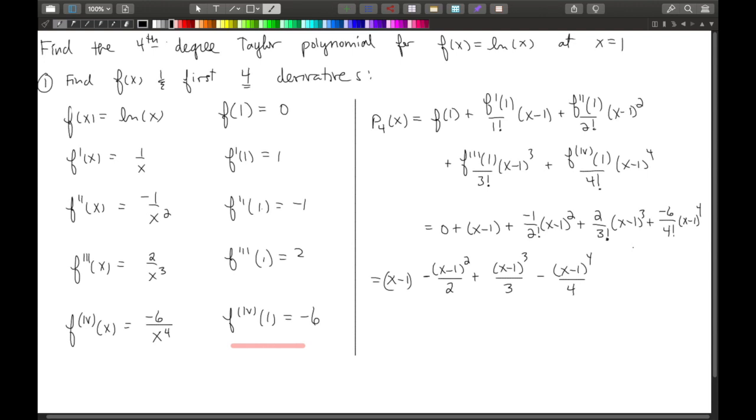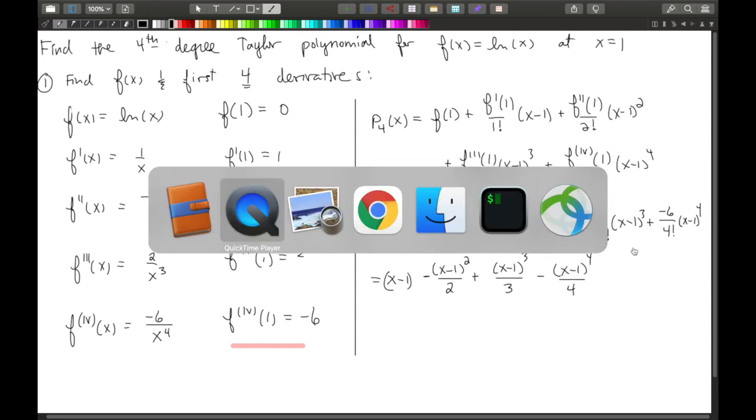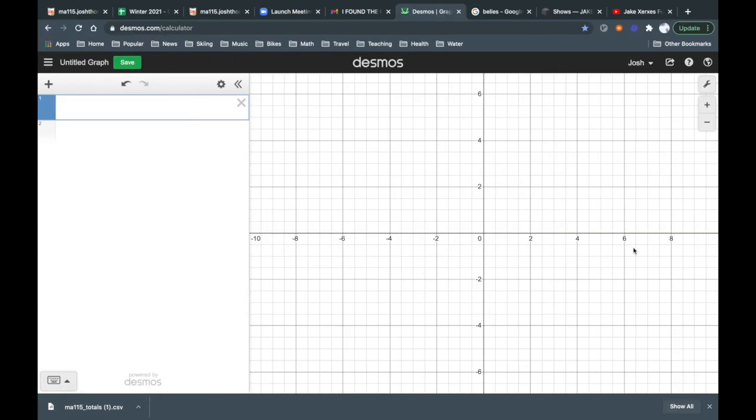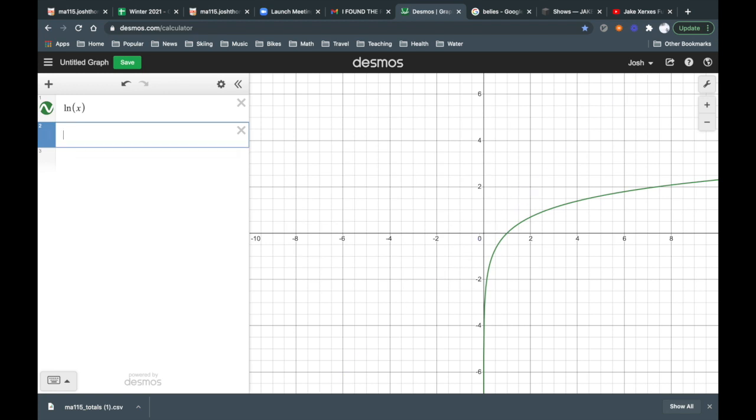Let's have a quick look at the graph to see how well this approximates ln of x. If I plot ln x, it looks like so. And if I plot my function, I can do it efficiently as the sum from n equals 1 up to 4 of negative 1 to the n minus 1, so I start with a positive term, times x minus 1 raised to the nth power, and we just need to divide by n.